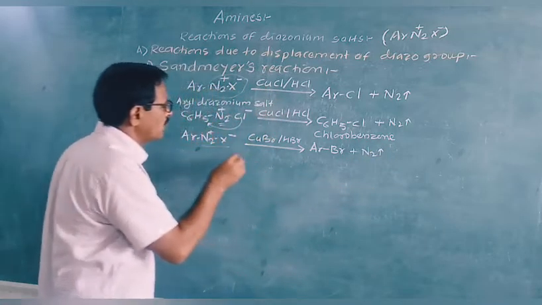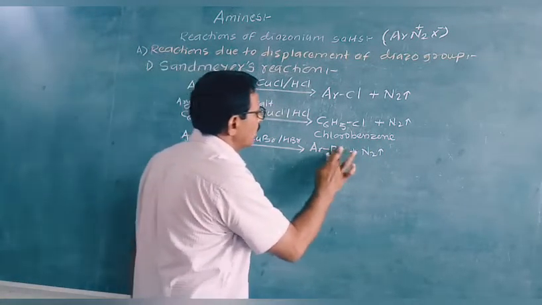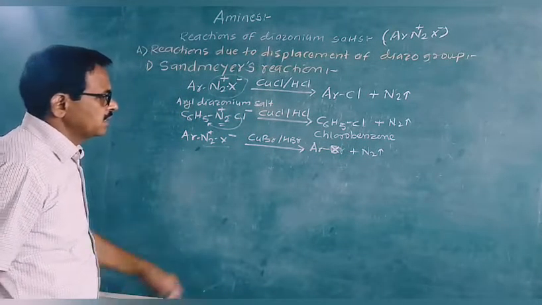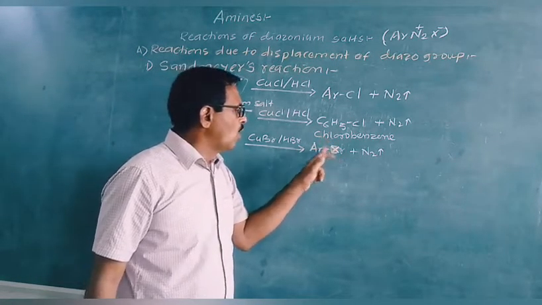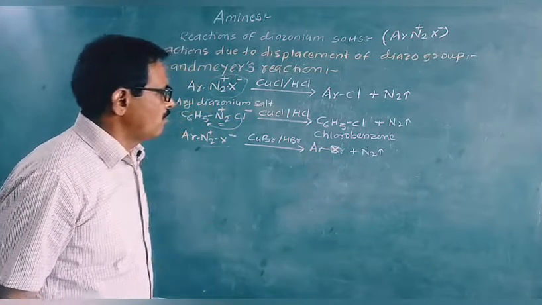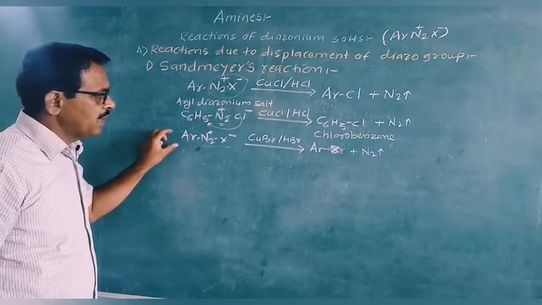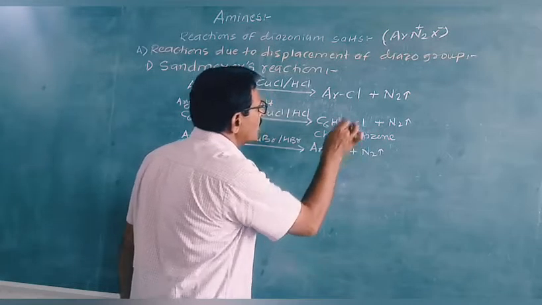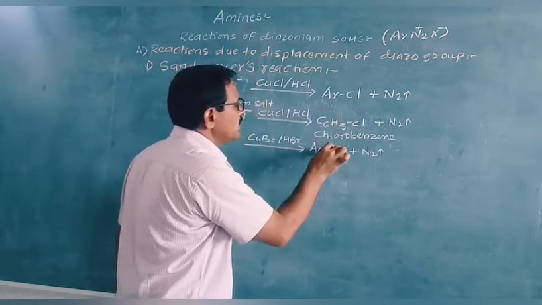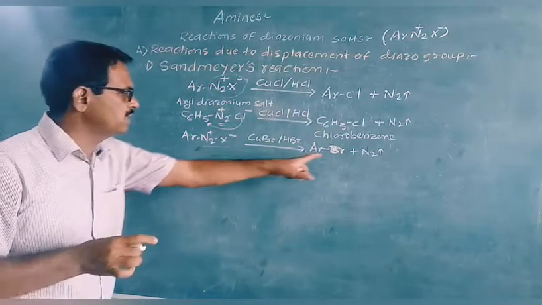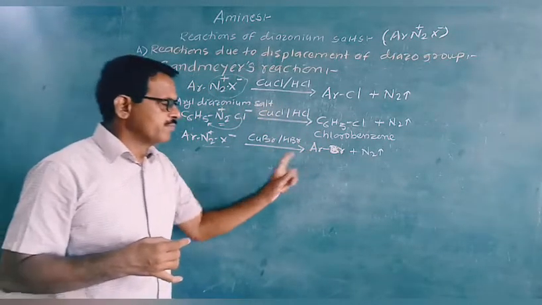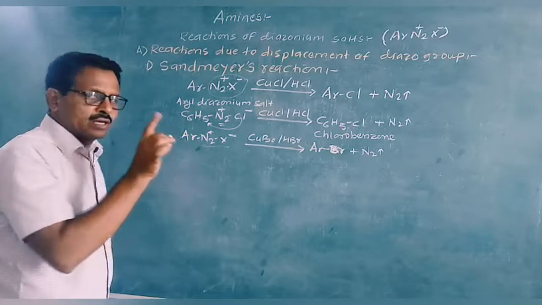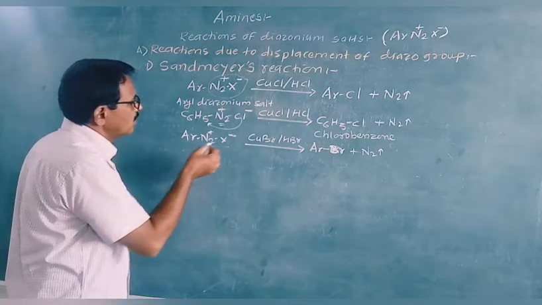ArX is a haloarene or phenyl halide. In this way we can prepare bromobenzene. Here I am taking only general examples.